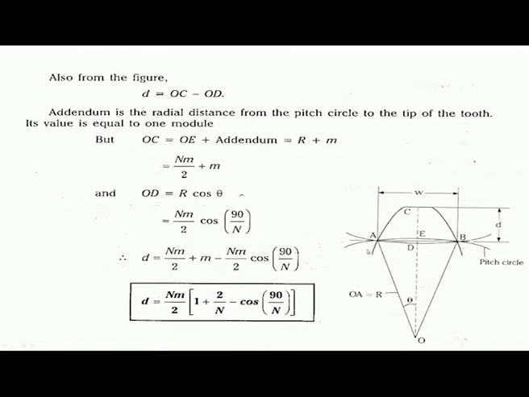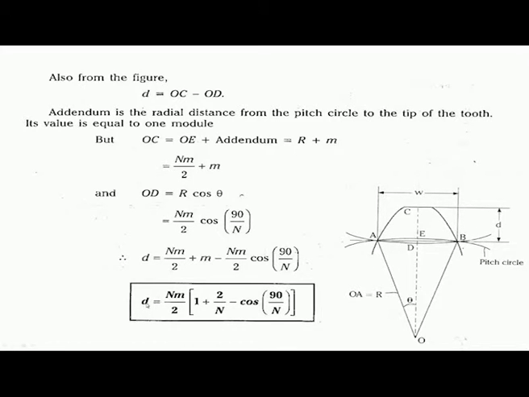Now, also from this geometry, we have D, the chordal addendum, which is equal to OC minus OD. So, chordal depth is equal to OC minus OD, and we can derive the equation for D using this relationship.